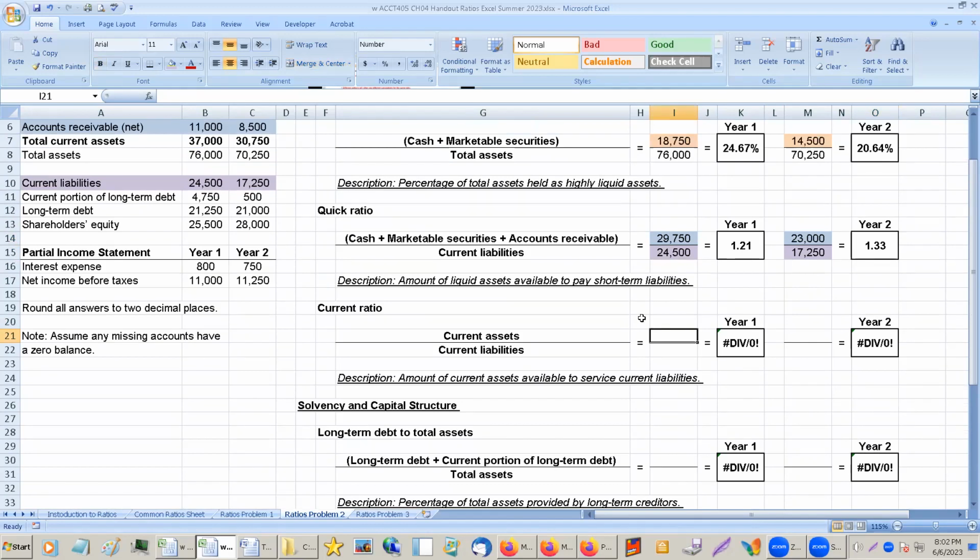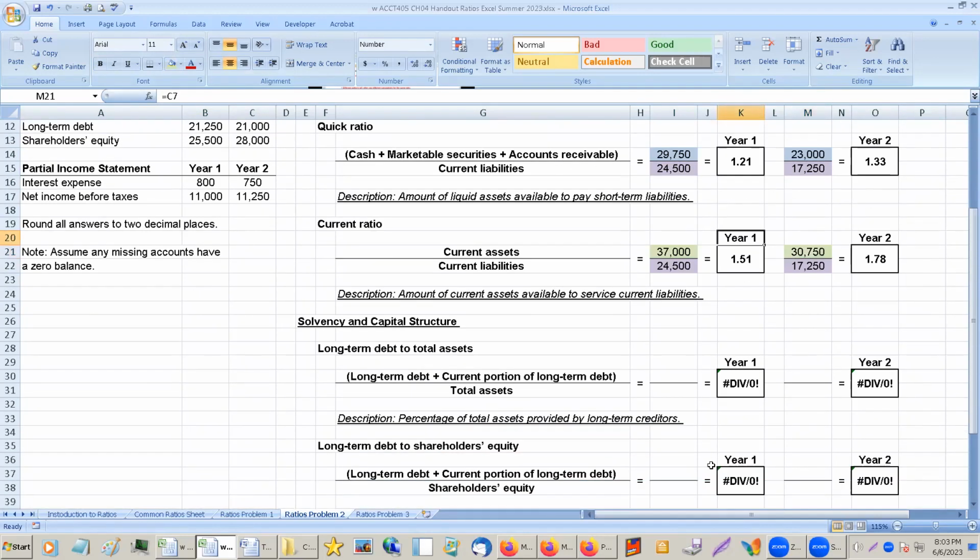Okay, and current assets over my current liabilities. Okay.